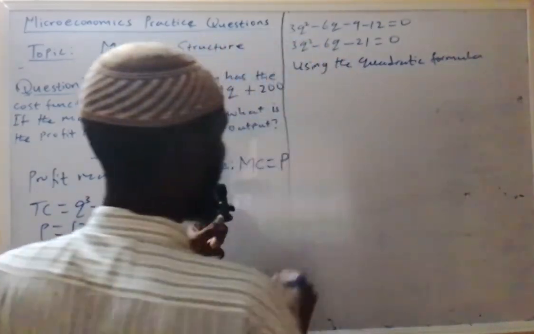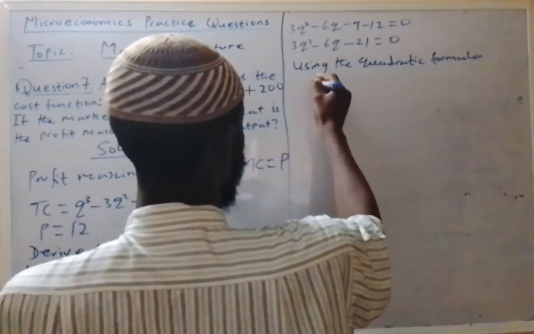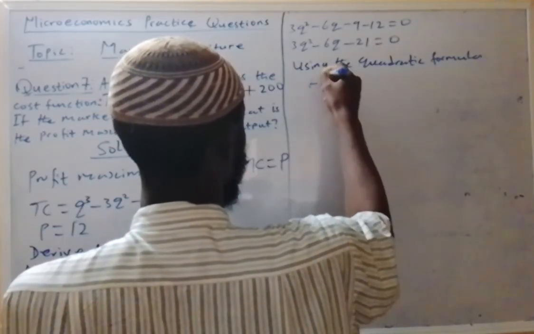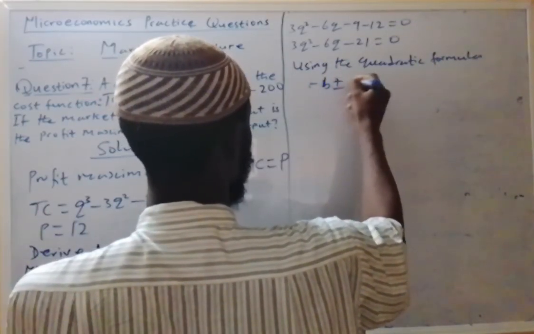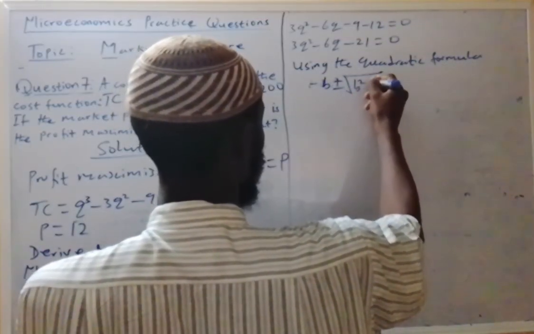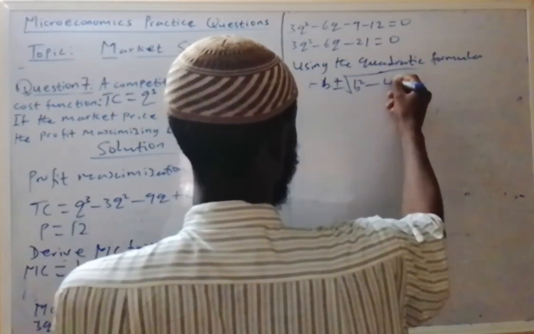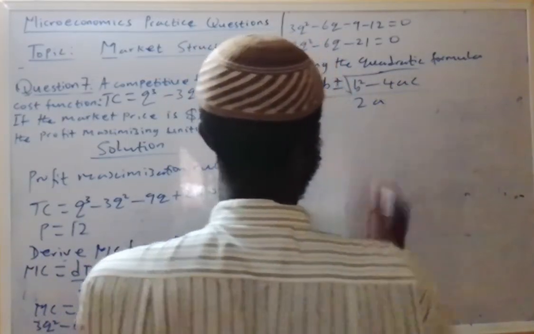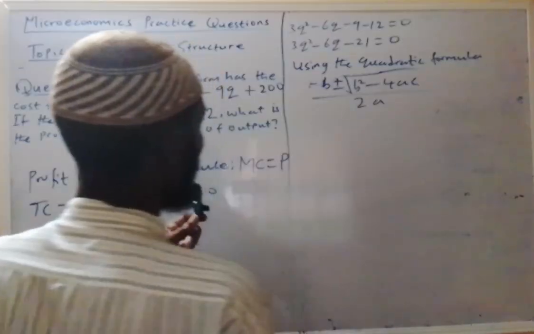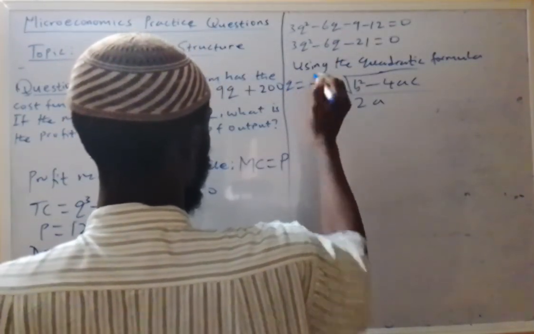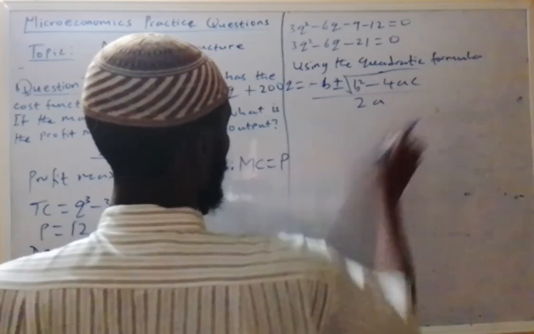You remember the quadratic formula says that q equals minus b plus or minus the square root of b squared minus 4ac, everything over 2a. It simply says that the unknown value, which is q here, is equal to this.